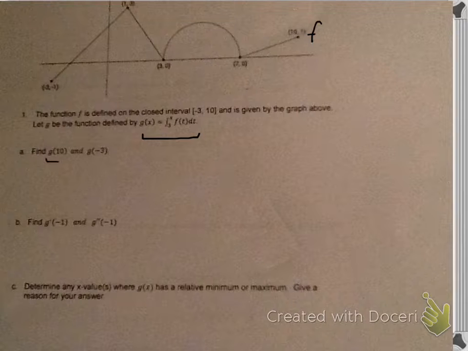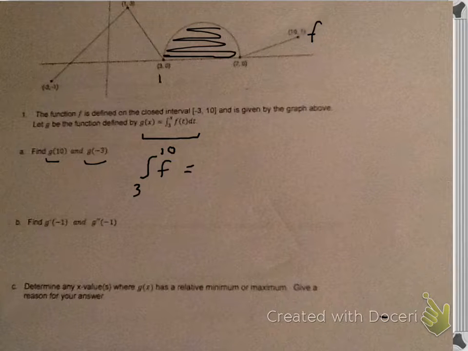So the first one is find g of 10, find g of negative 3. So g of 10 would be the integral from 3 to 10 of f. So you just need to find the area from 3 to 10. Well, we have a half circle here, and this distance is 4, so the radius is 2.